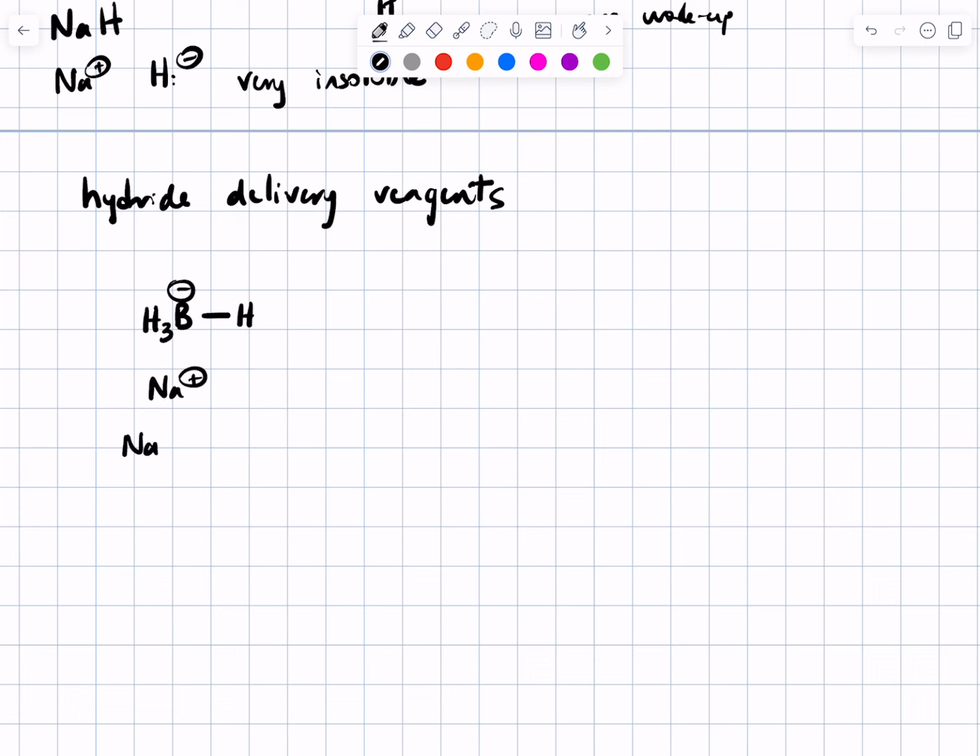You will see this written as sodium borohydride. And then there's a related reagent, this sort of close cousin of sodium borohydride, lithium aluminum hydride. For some reason, lithium is the counter ion of choice with the aluminum hydride reagent.